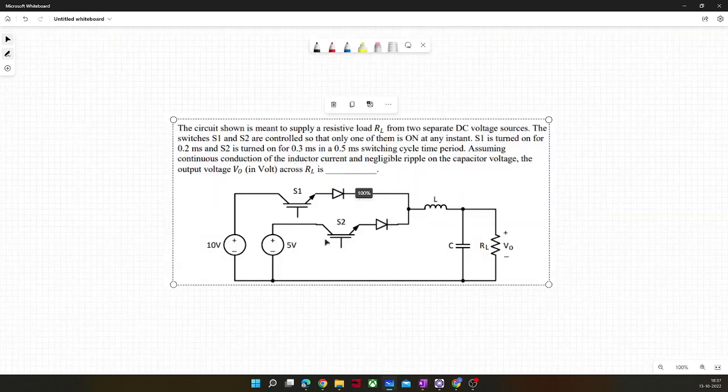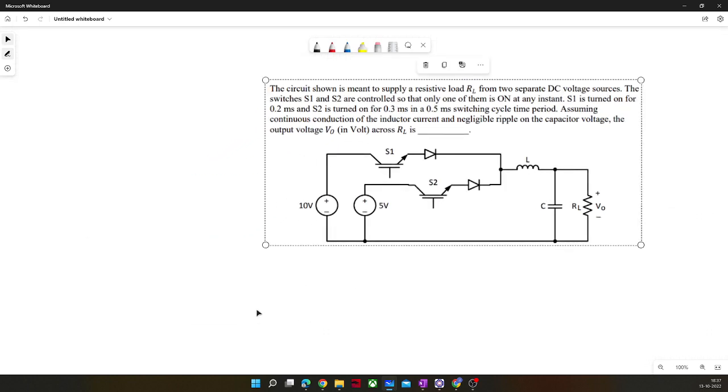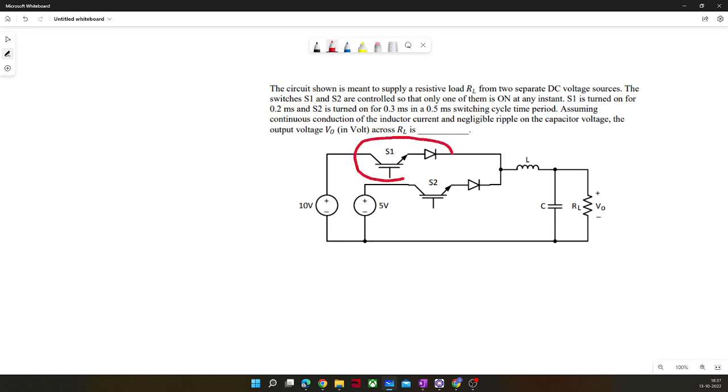Here you can see we have two sources and two switches. Before doing anything, I will first identify this switch as H1, and this as H2. This was also asked in 2015 for 2 marks.